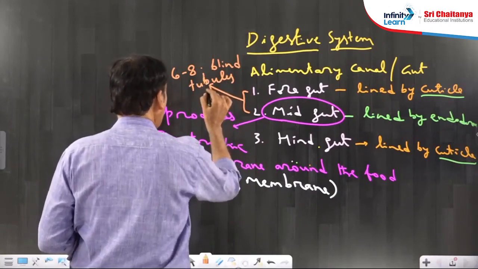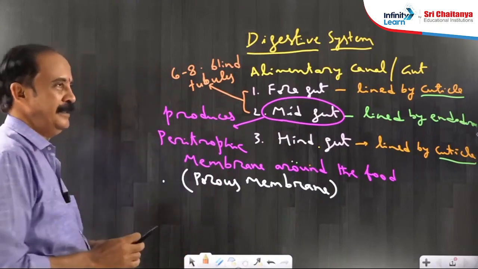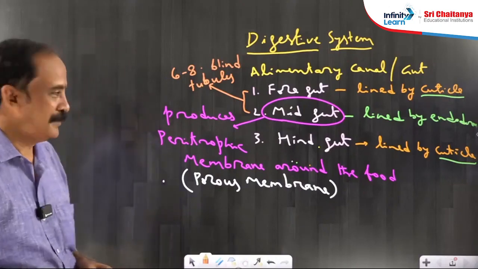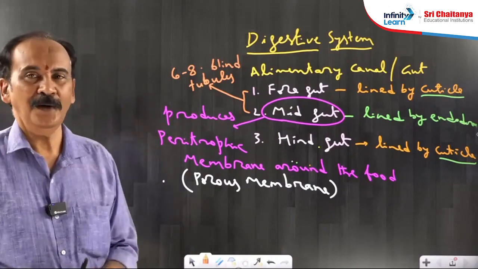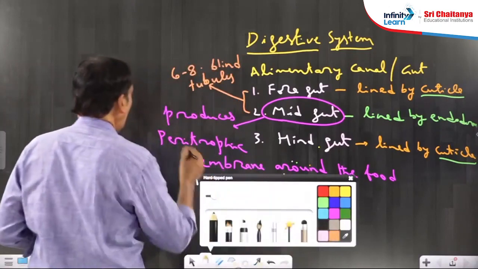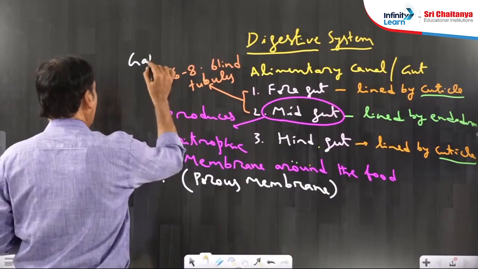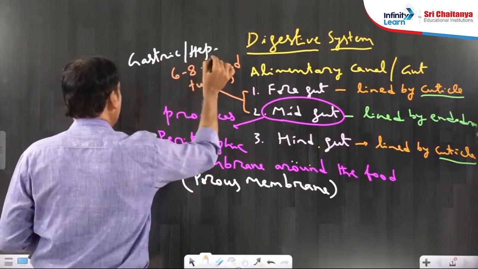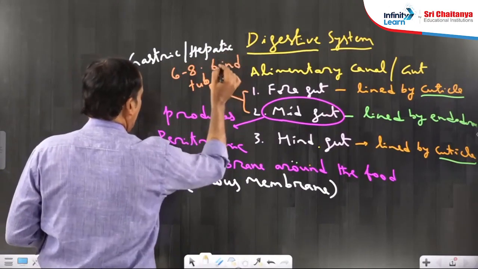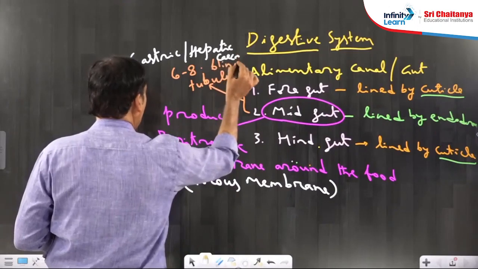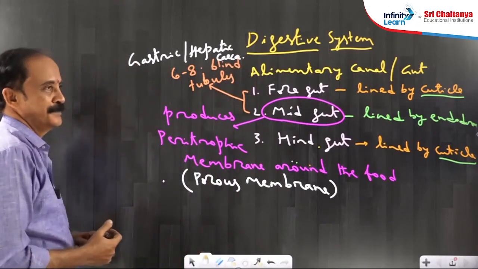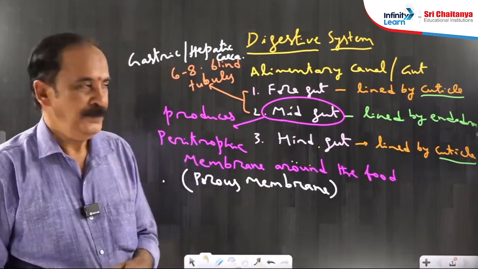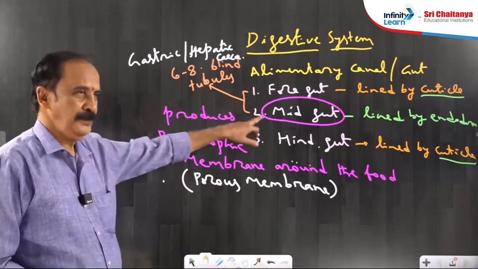These 6 to 8 blind tubules present at the junction of foregut and midgut are named gastric caeca or hepatic caeca. Their function is they release certain enzymes. They release some secretion helping in the digestive process.